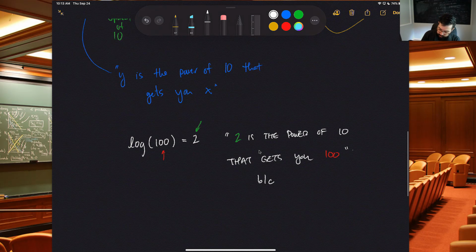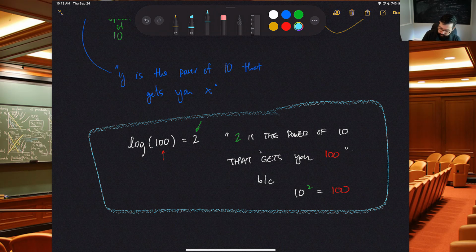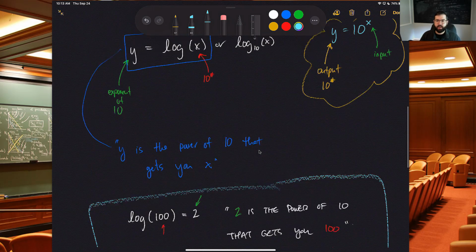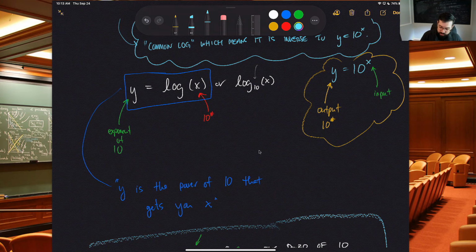And we know this because 10 to the 2 equals 100. So this is how we understand it. And this is the kind of switcheroo on representing this relationship between exponential form and logarithmic form.